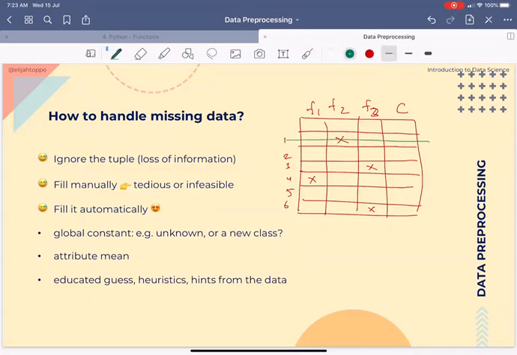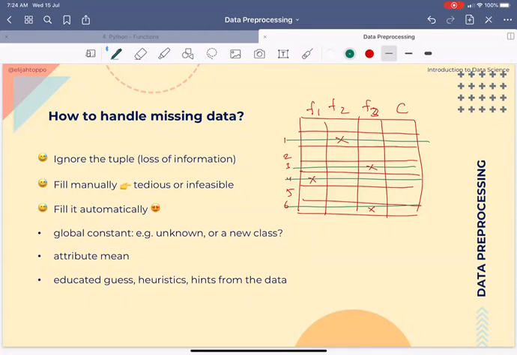If I remove this, this, and this, then out of 5 rows I am just left with 2 rows which are valid for my algorithm. It's a very bad solution, especially when you have less data.